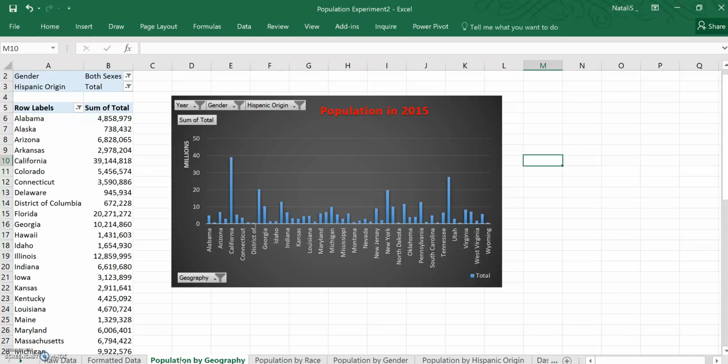I used state names for row labels, and I used gender and Hispanic origin for filters to exclude the data we don't need. Looking at this chart, we see that the biggest population is in California, Tennessee, New York, New Jersey, and the lowest is in District of Columbia.